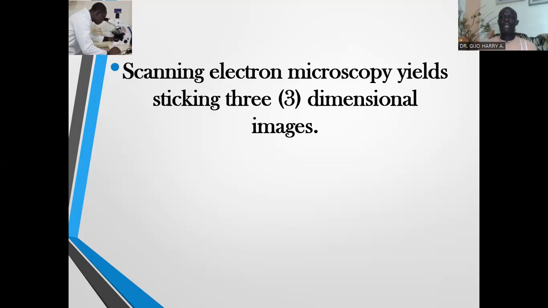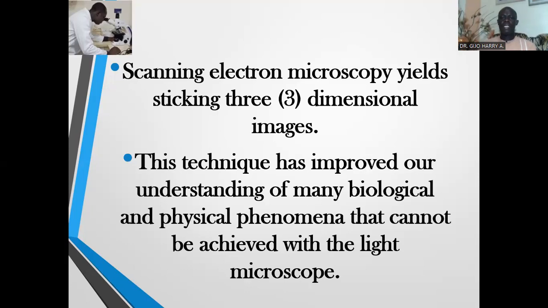Scanning electron microscopy produces three-dimensional images. This technique has improved our understanding of many biological and physical phenomena that cannot be achieved with the light microscope.